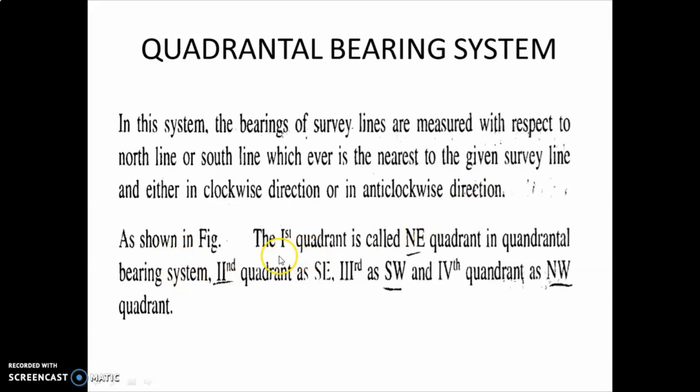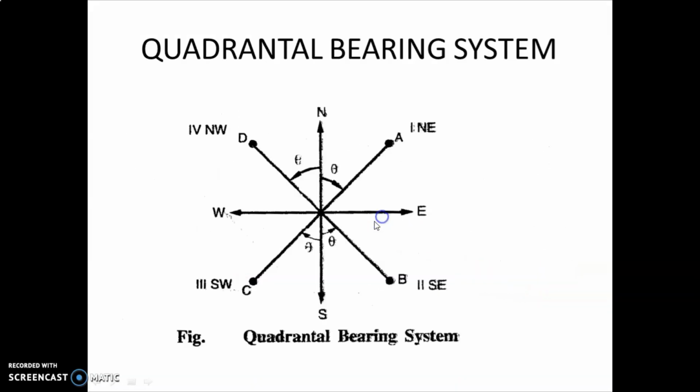As shown in the figure, the first quadrant is called the northeast quadrant in the quadrantal bearing system. The second quadrant is called southeast, the third quadrant southwest, and the fourth quadrant northwest. You can see the figure: this is your north direction, east direction, south direction, west direction. Your whole circle is divided into 4 parts, 4 zones, 4 quadrants. Survey line OA is in the first quadrant, which is northeast.